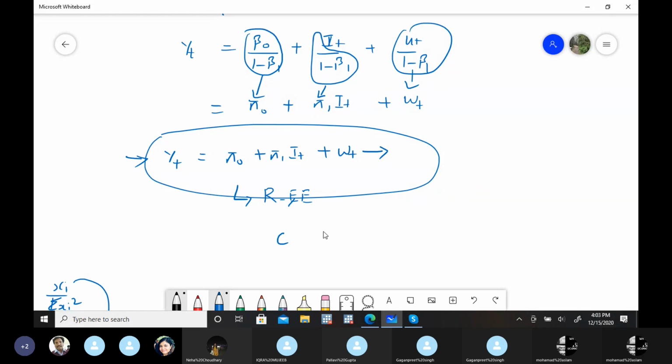There, consumption is equal to, and you put income in it, so this particular term will be beta 0 by 1 minus beta 1, this coefficient will be beta 1 by 1 minus beta 1, and this term, let's say I'll write it w2, will be residual by 1 minus beta 1. This is again a reduced form.